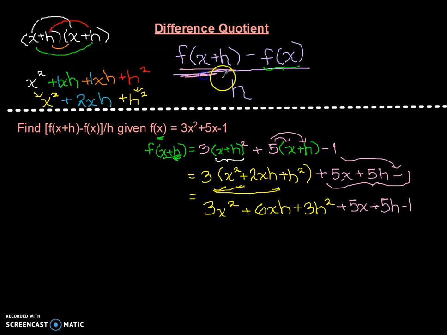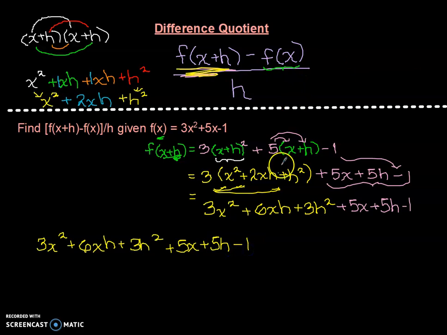Notice that that's the first term. We have that here. And then we're going to subtract f of x. Usually I would just be lazy and put it on the end here, but I don't have enough room. So for f of x plus h, I'm going to write this exact expression all over again, just on the end: 3x squared plus 6xh plus 3h squared plus 5x plus 5h minus 1, minus f of x.